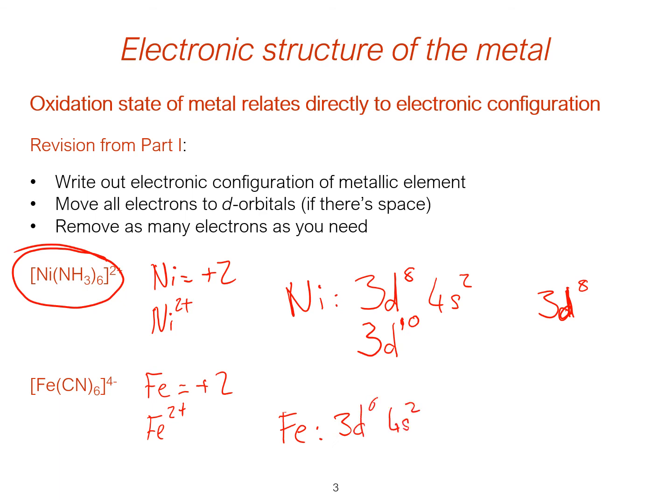So we do the same two steps, put all the electrons into the d orbitals if there's space. In this case there is, it makes it 3d8, and then take off as many electrons as you need. So 2 in this case again, because it's 2+, so that leaves us with iron 2+, should I say, with an electronic configuration of 3d6.